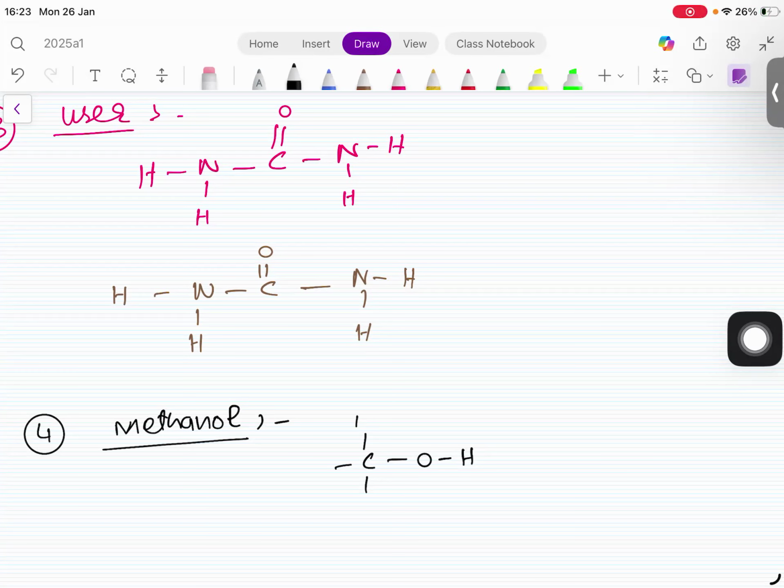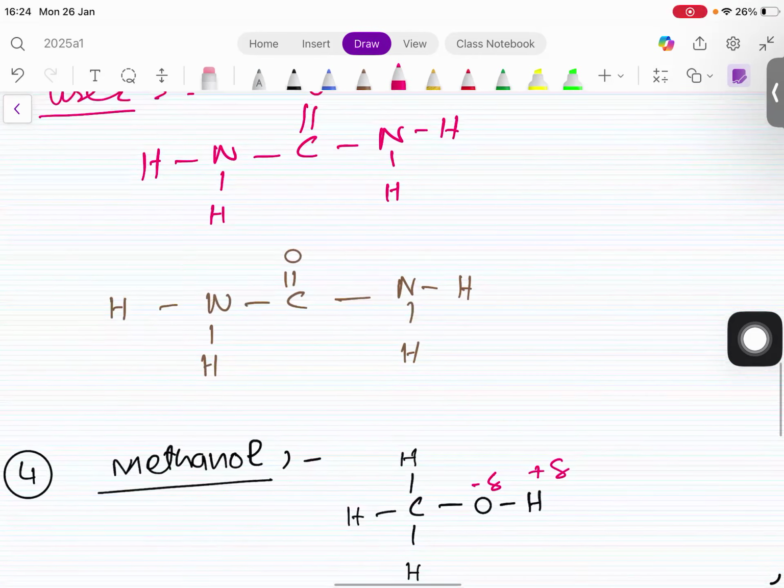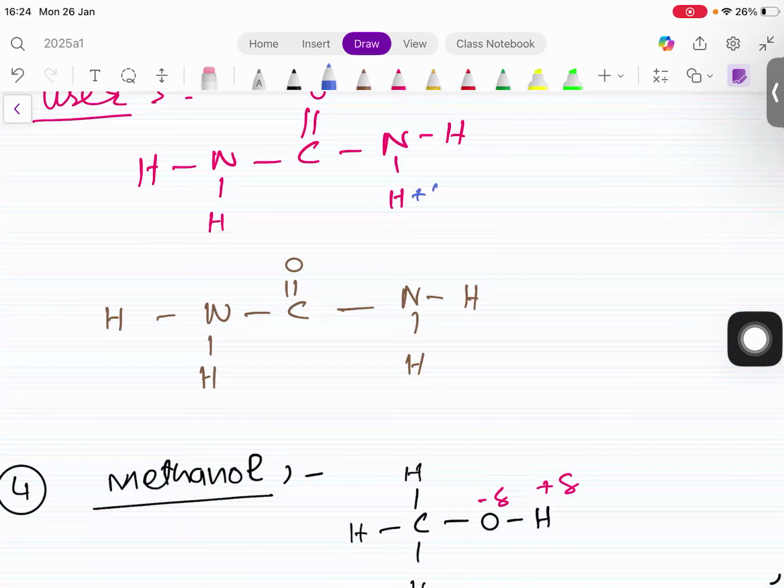Please draw the urea. Are you done, urea? Look at this. This side is partial positive. This side is partial negative. I hope you have shown this.